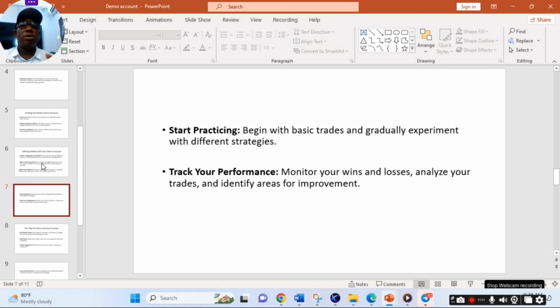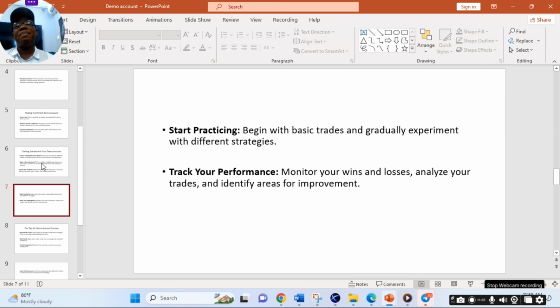Don't get me wrong, no broker is 100% perfect. But the basics, you will get from this broker, which is fast and reliable response and very easy access to your money. So once you get to the broker's website, you sign up, download the platform, and start trading.